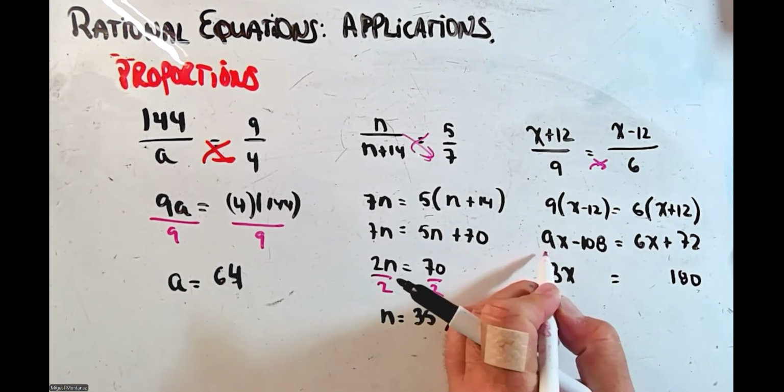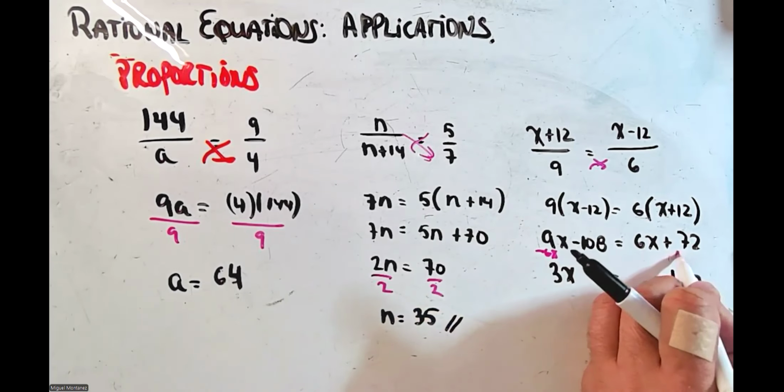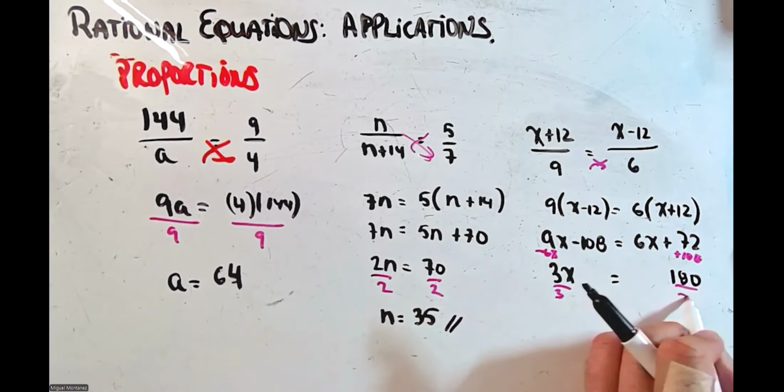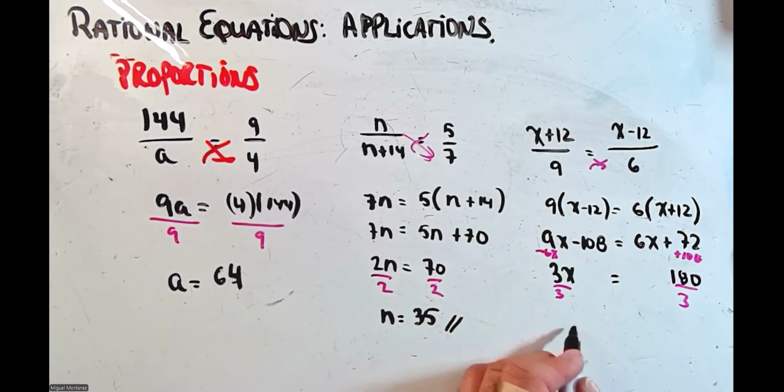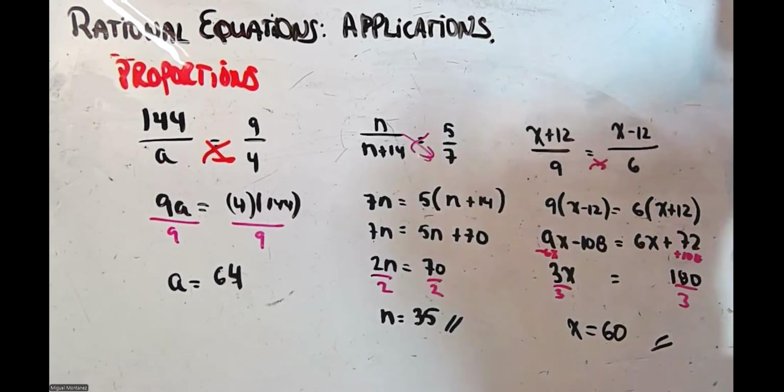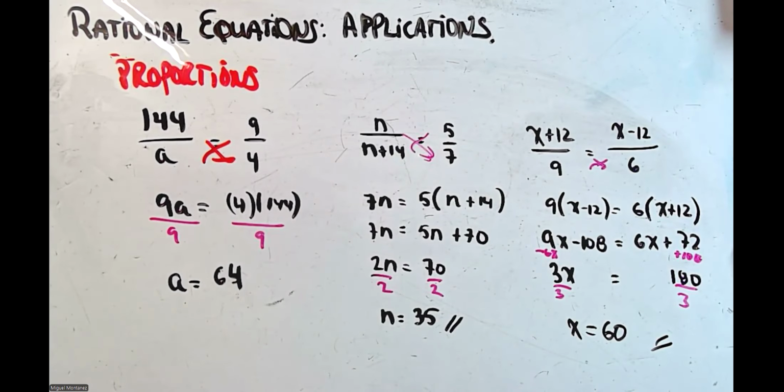So we subtracted 6x and we added 108. And of course, if I divide by 3 here, 180 over 3, that's 60, so x equals 60, and we're done. And 4 times 144 divided by 9 is 64. Okay, thank you.